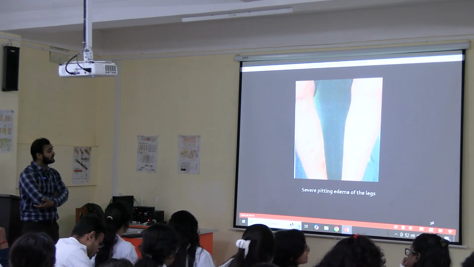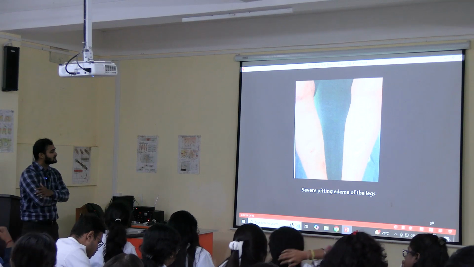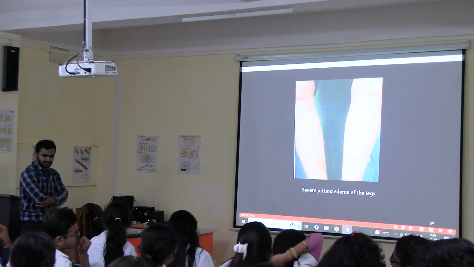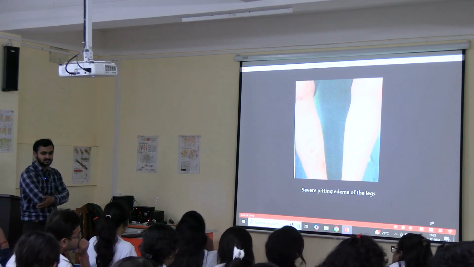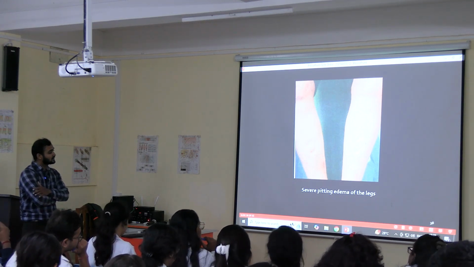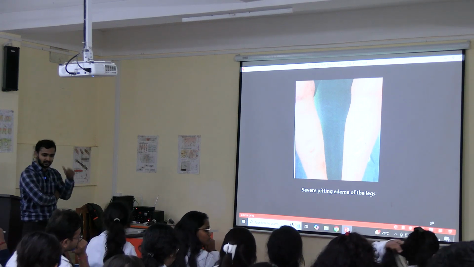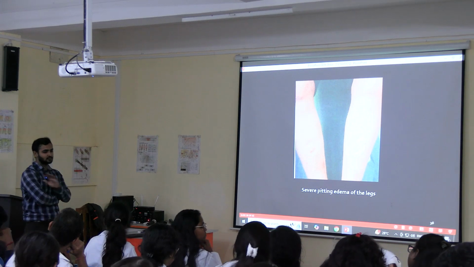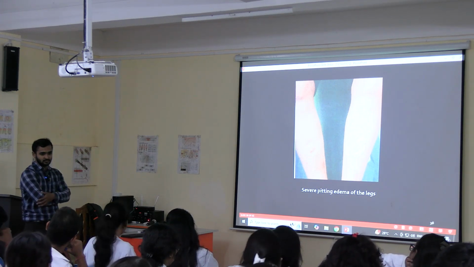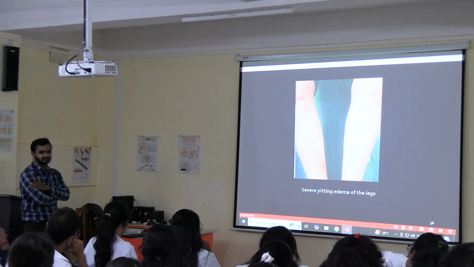Pitting edema we can see in renal causes, in hepatic causes, and in cardiac causes. But there is also one type, non-pitting edema. If you press, there will be swelling of the lower limbs, but if you press on the bony surface, you won't find pits. In which conditions can we see this?